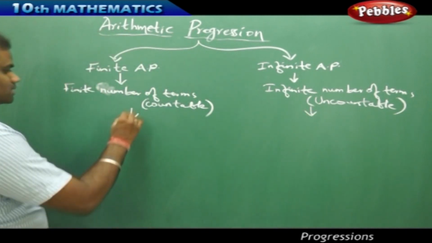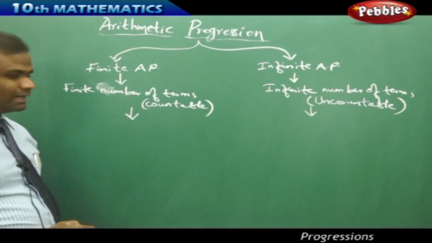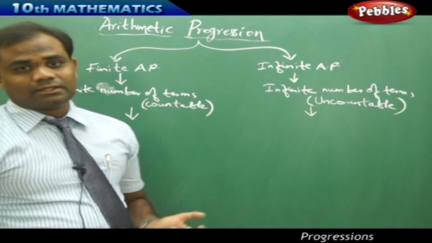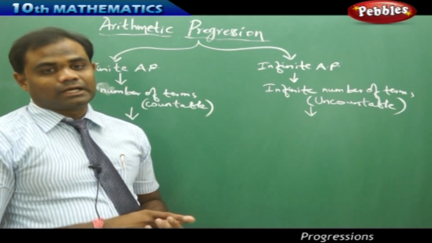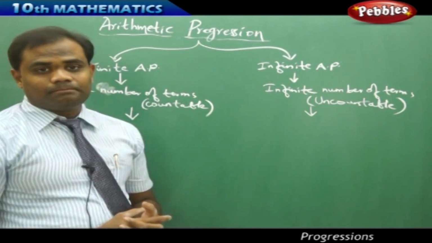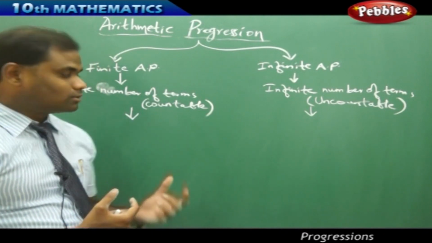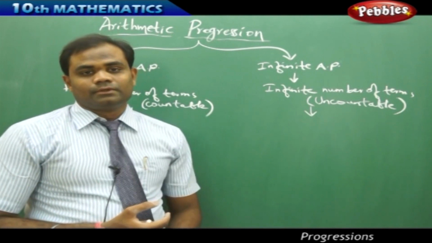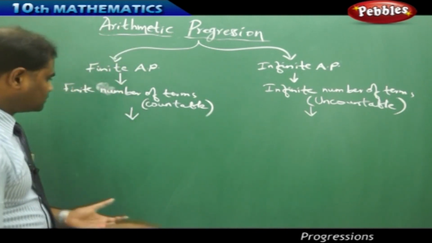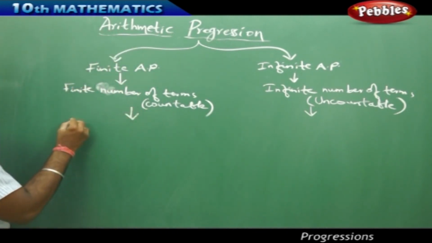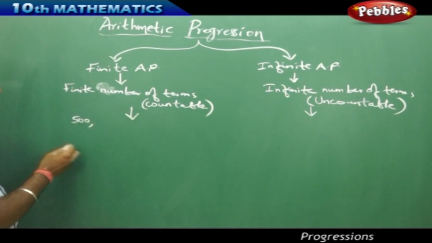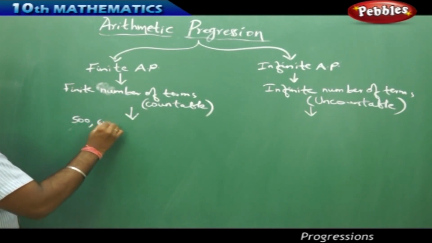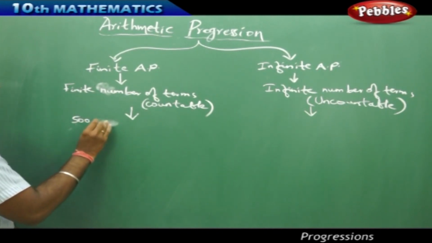So when it comes to understanding the finite arithmetic progression, as the definition clearly says that the number of terms are finite which are countable, then we take only those terms which are limited. Here they are unlimited. So for example, I take the amount I deposit in the bank is 500, then again it increases to 600 or doubles up every 5 years.